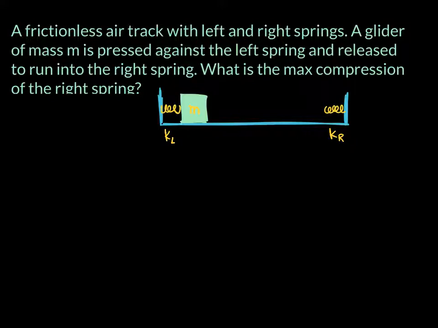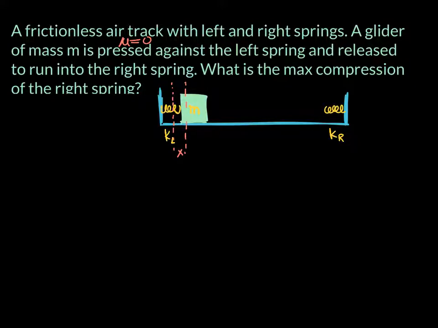So what's the max compression of the right spring? Because we're going to smash it by some length X. There was some smashing of that spring, otherwise it's not going to slide on this air track. And again, it's an air track, so we're going to assume it's frictionless. Mu equals 0, basic assumption.